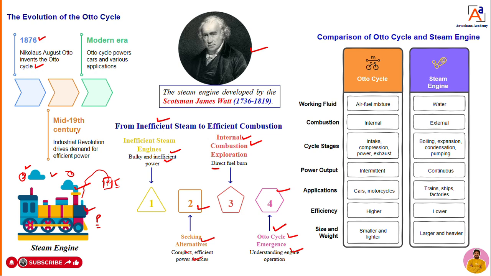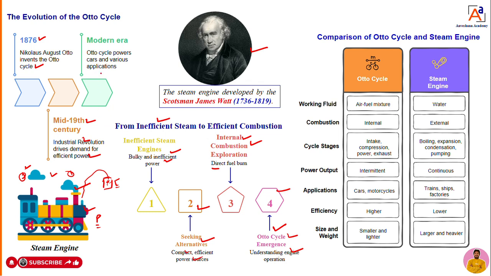One thing: later, in the mid 19th century, the industrial revolution drove demand for efficient power. After the Otto cycle was invented in 1876, many scientists did a lot of research work on the Otto engine and made some modifications. Then it became part of the industrial revolution.